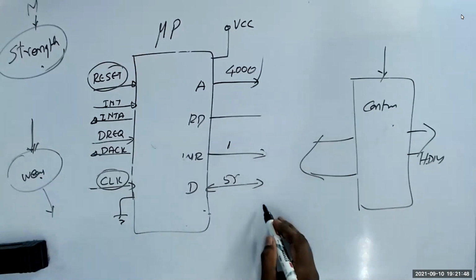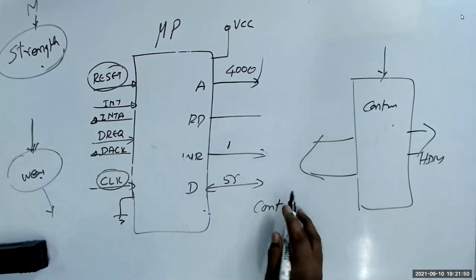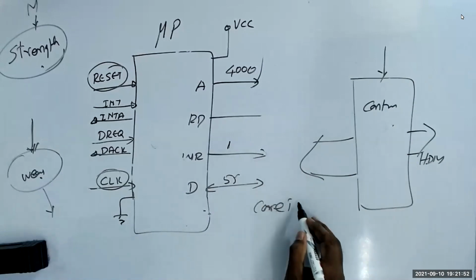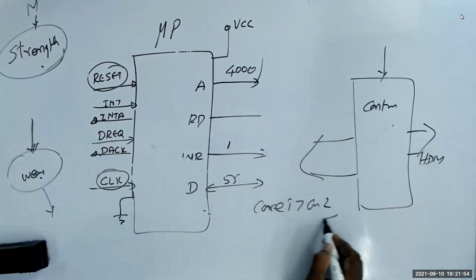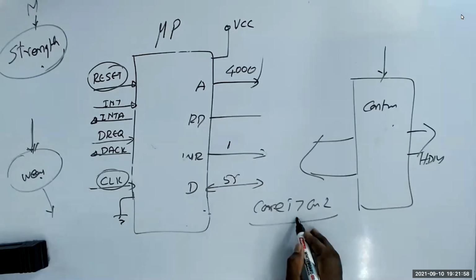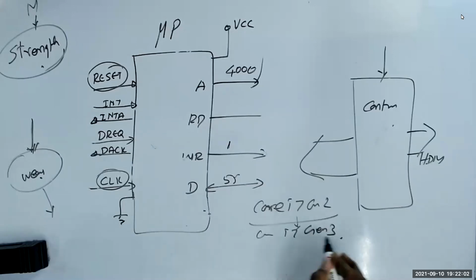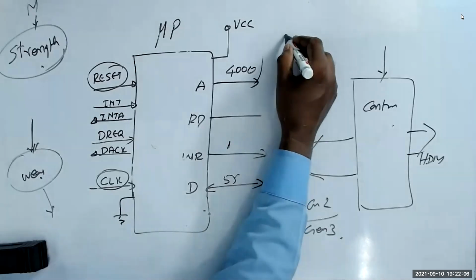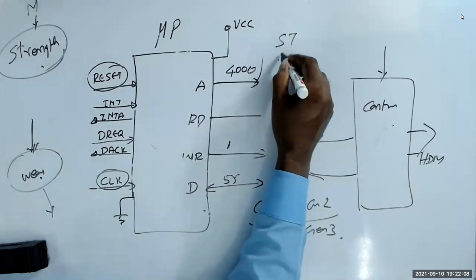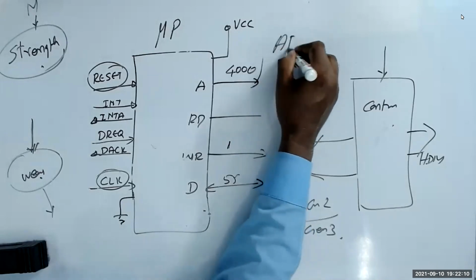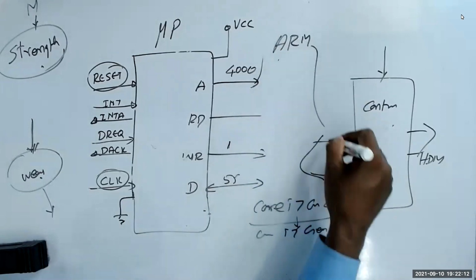Let's say Core i7 Gen 2. Suddenly, Intel said we are releasing a new generation, Core i7 Gen 3. And ARM, ST Micro said, we have a different type of interface.